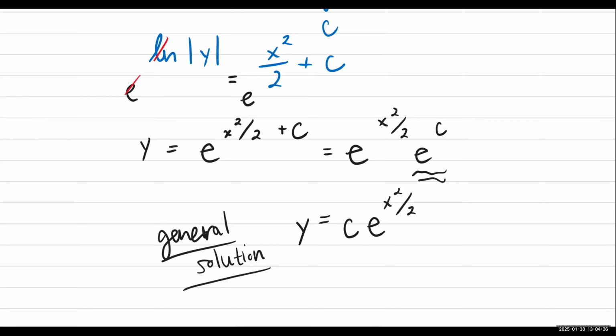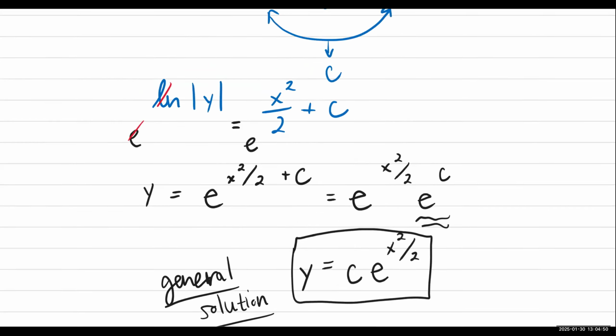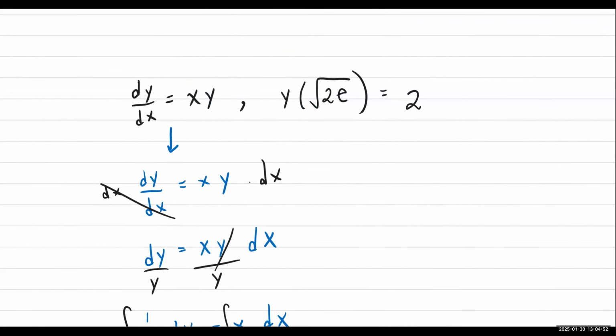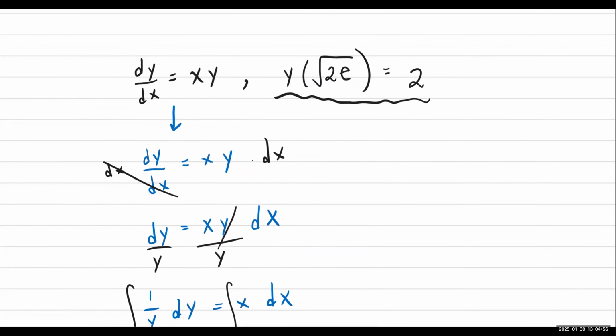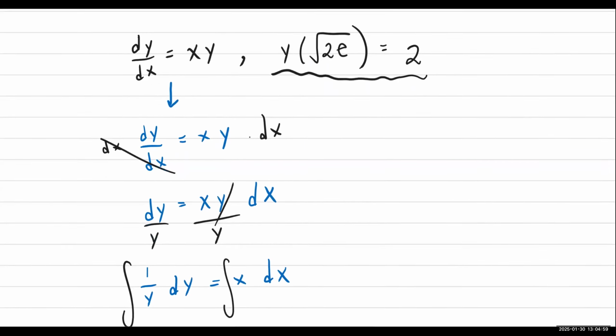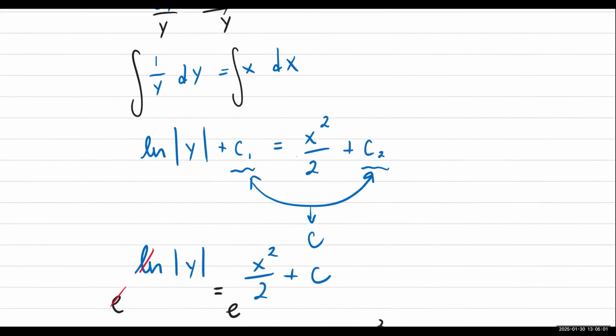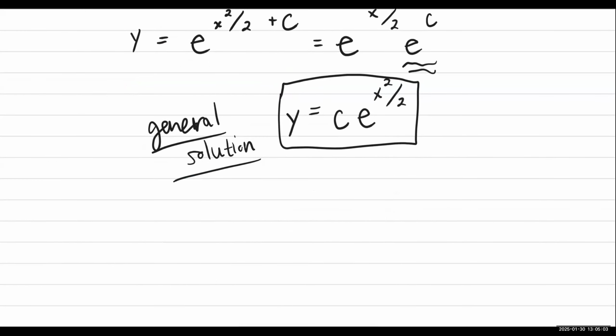So if we wanted to stop there, box that, we found a general family of solutions. c can be any constant. But if you remember from the beginning, we did have an initial value provided to us. So let's recall this initial value that we'll plug in for x and y. y of root 2e is equal to 2.